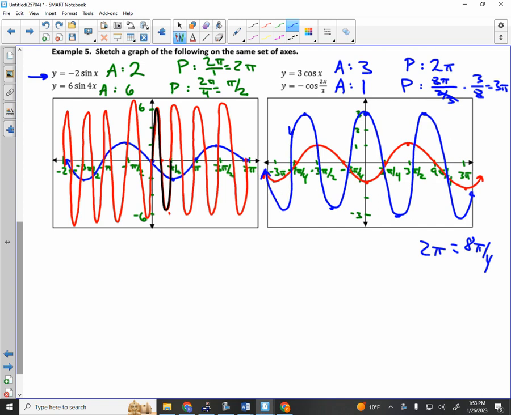If I type that into my calculator, I'm guessing I get something very similar. Okay. So I graphed both of those.